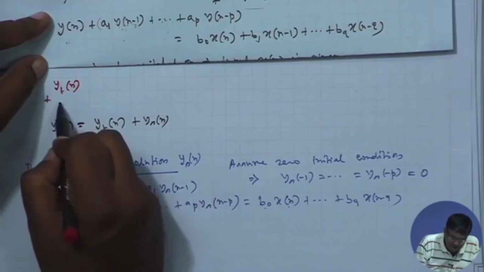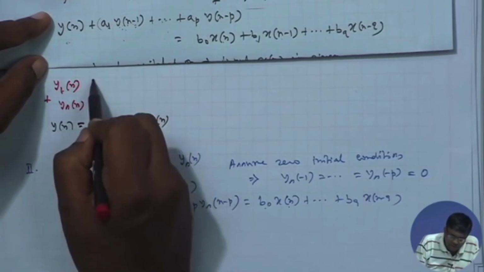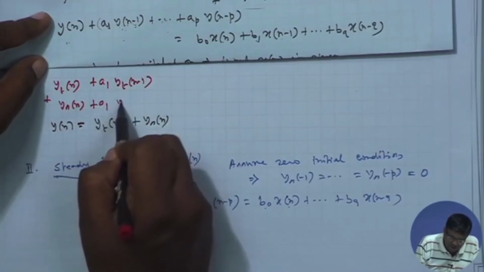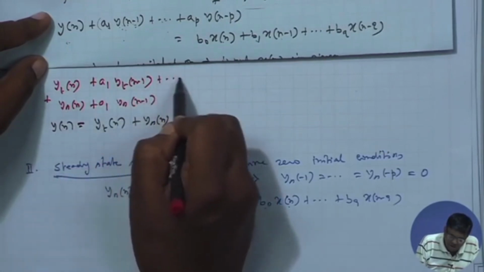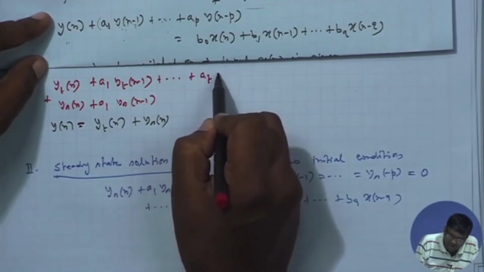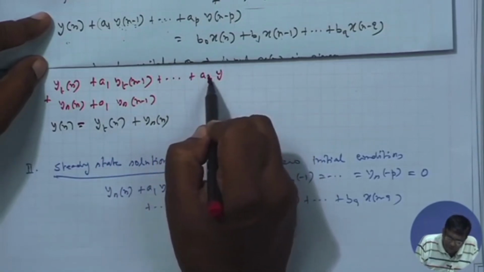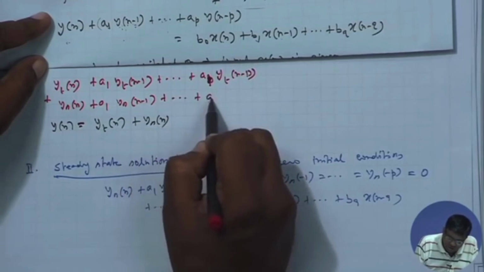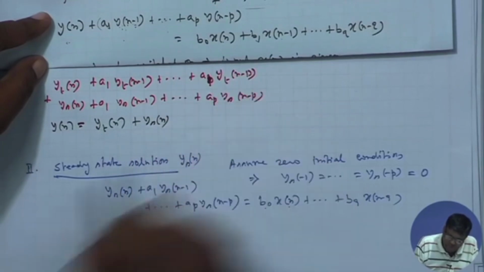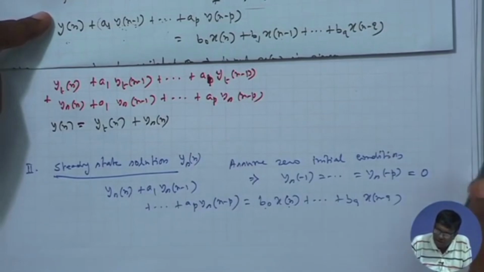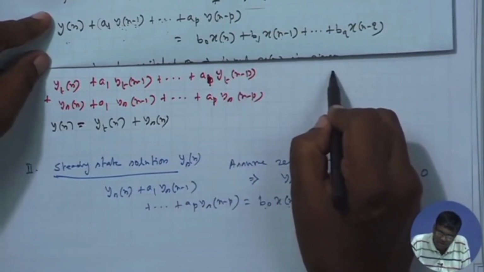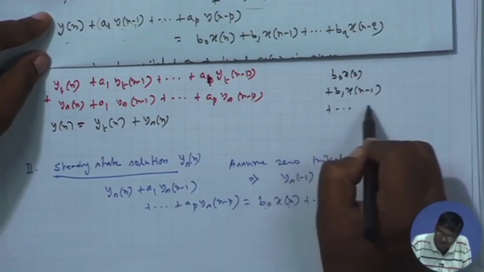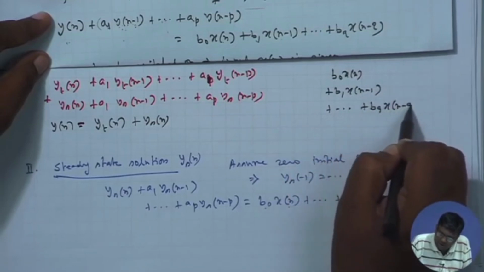Then I have a 1 y t n minus 1 and a 1 y s n minus 1, dot dot dot, a p y t n minus p plus a p y s n minus p, and the right hand side is as it is: b 0 x n plus b 1 x n minus 1 plus dot dot dot b q x n minus q.